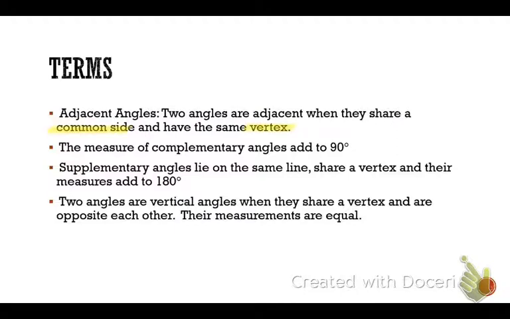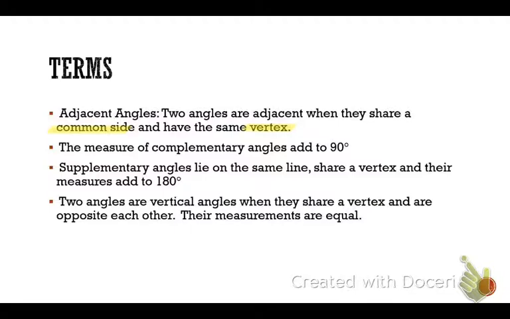All right, in your notes, I said something about 180 degrees. We're going to take that off for now. Those are actually adjacent supplementary angles, which we're going to cover down here. Okay, so for adjacent angles, I need you to remember 2 things. They share a common side and they have the same vertex.